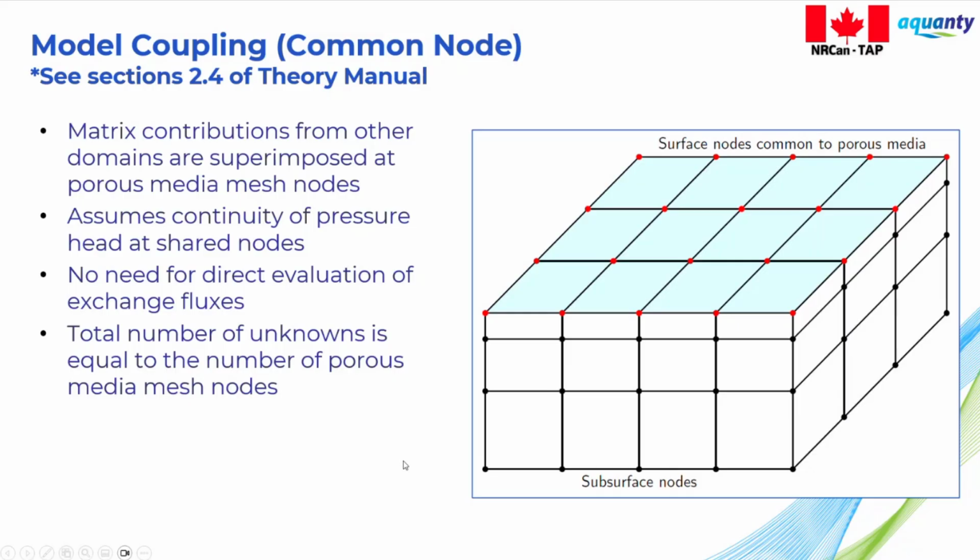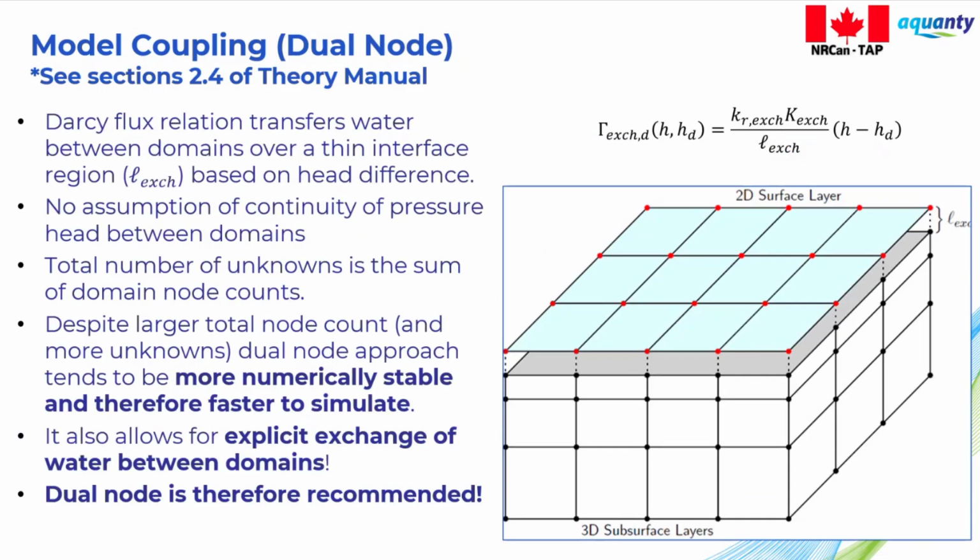So what we actually recommend as a general approach for all users is to use what we call a dual node approach. With the dual node approach, you'll have two nodes superimposed onto the same location, just like I said before. You'll have one node for surface flow, for example, this node right here, and another node for subsurface flow.